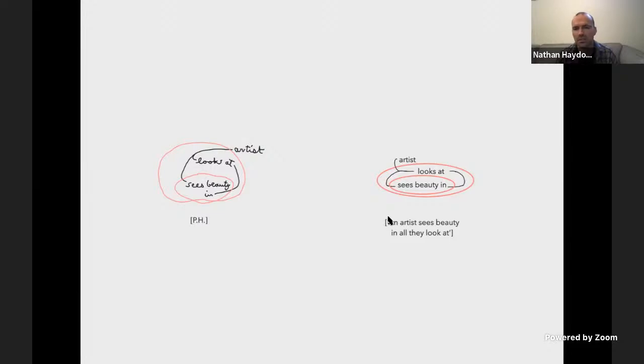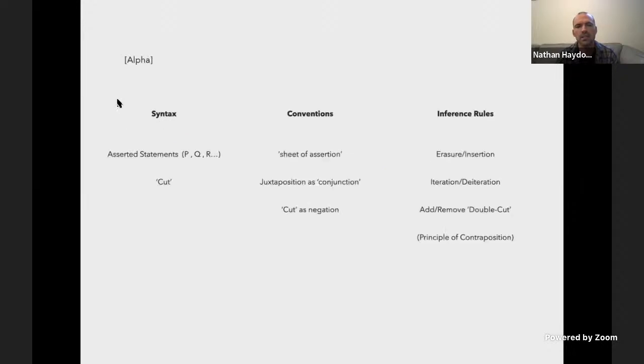Peirce writes, an artist sees beauty in all they look at. So the very same thing that they look at and they see beauty in is carried over by this line of identity in the conclusion here.